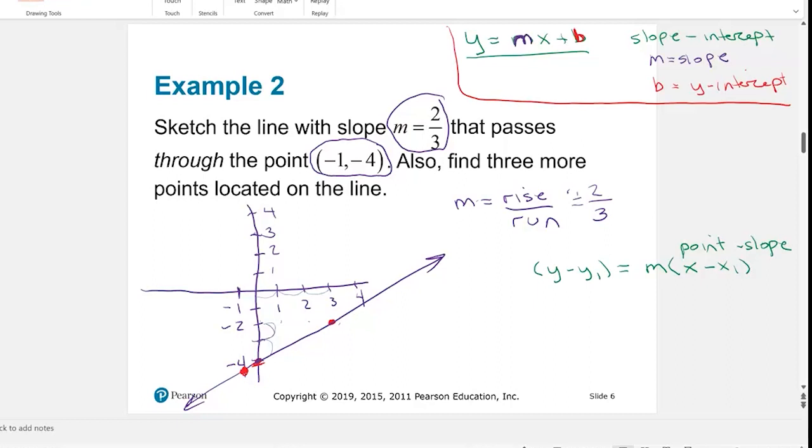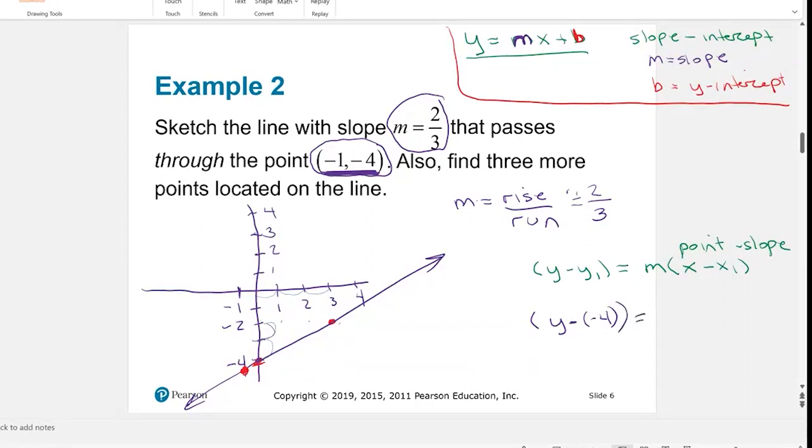So if I want to find the equation of this line, this is going to be y minus, and y1 is -4, because that's the only point I have. I don't have a y1 and y2, I only have a y1.